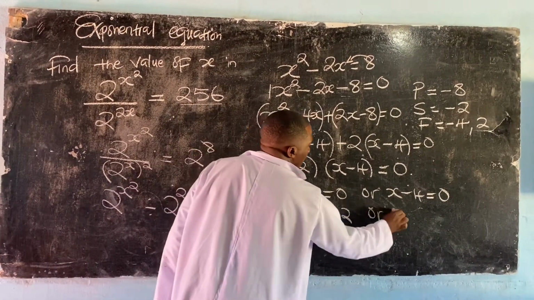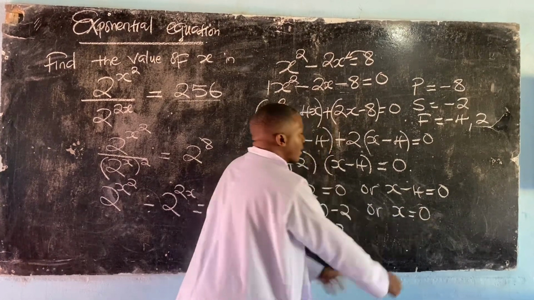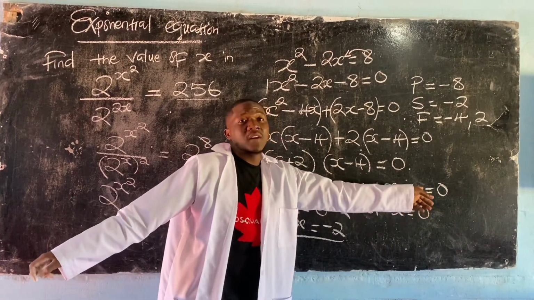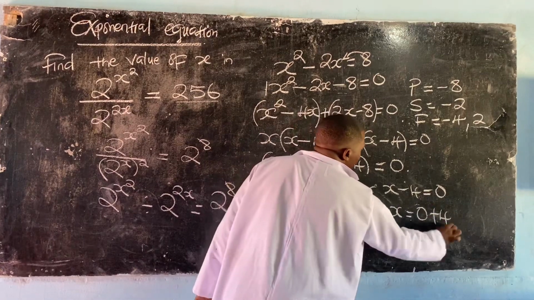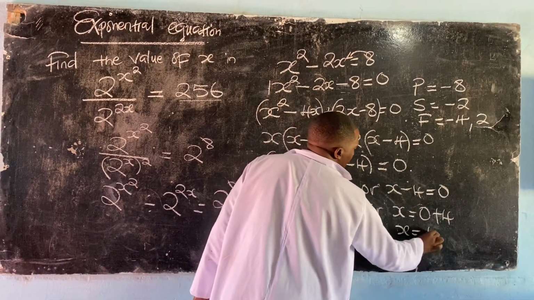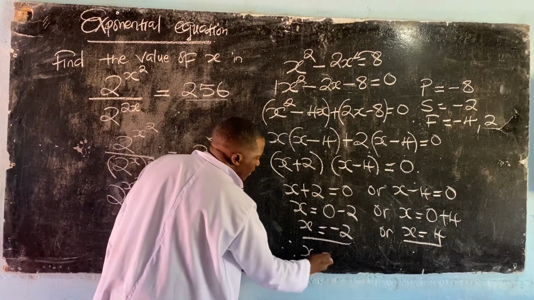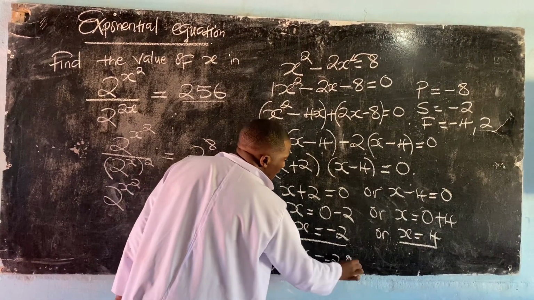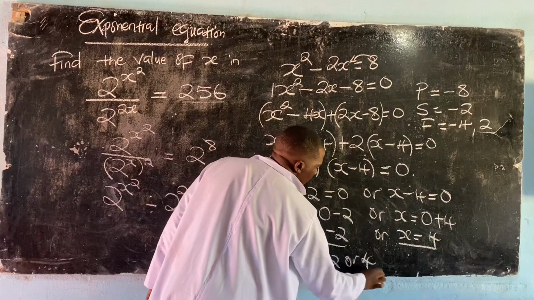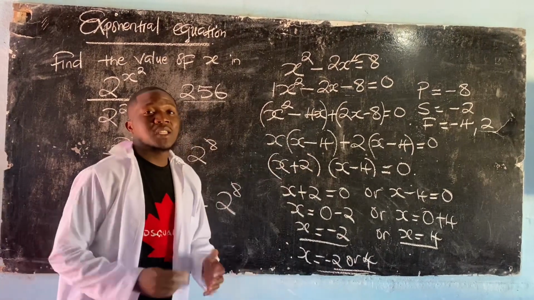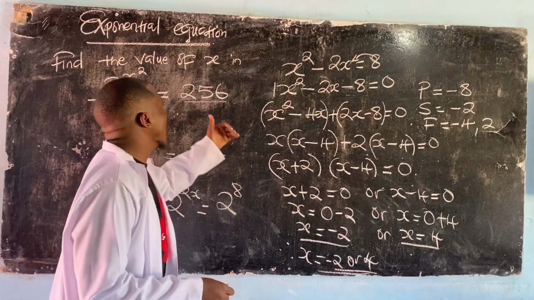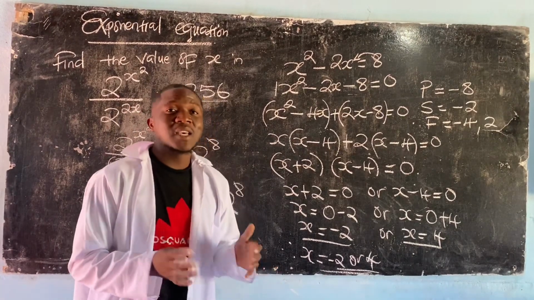Or x equals 0, and when this negative 4 crosses over the equal sign, it becomes positive, so x equals positive 4. Therefore x equals negative 2 or positive 4, and it means we have found the values of x in the expression.